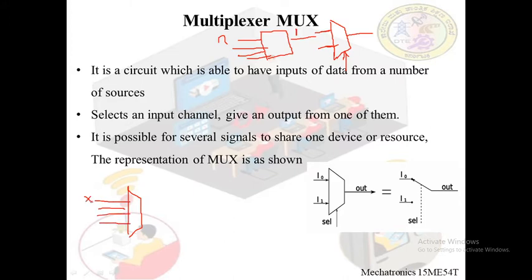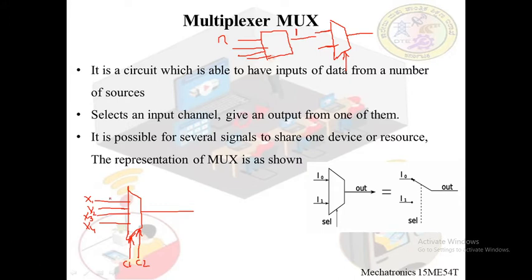Let us say the inputs are x1, x2, x3 and x4, and the select variables or the select inputs are, let us say, C0 and C1, but it will produce only one output. That has to be remembered always. The multiplexer just does the function of a data selector.